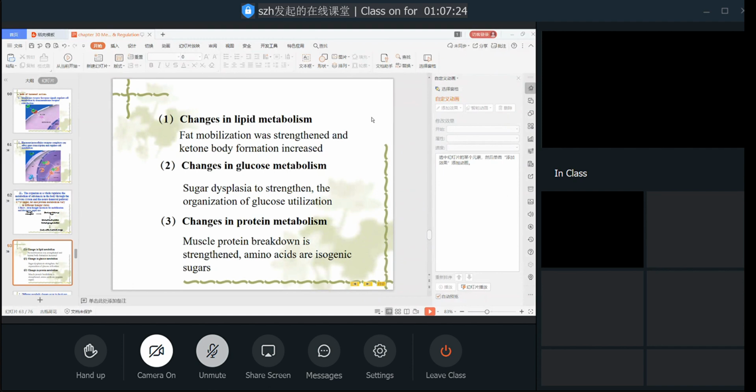And amino acids are gluconeogenic and compensate for the sugar shortage.